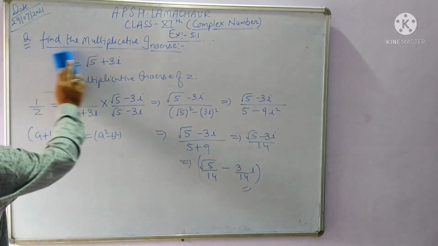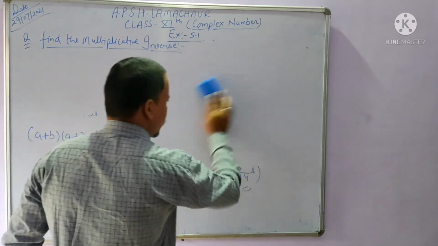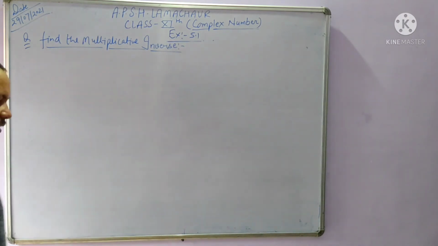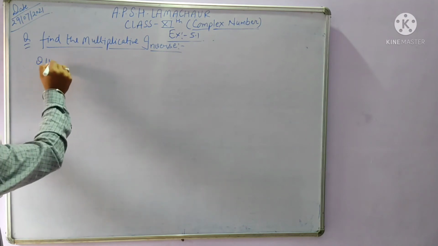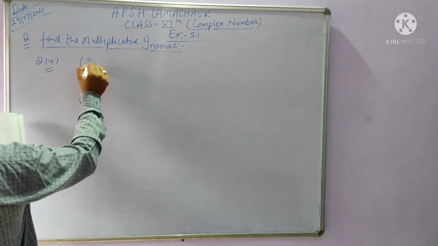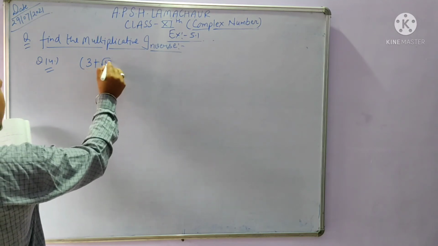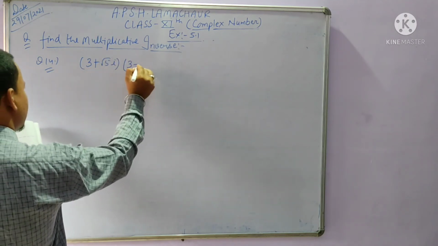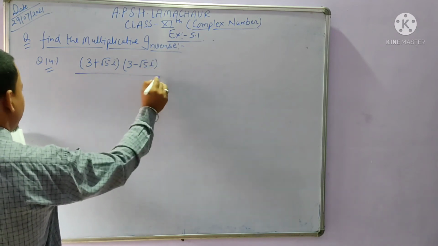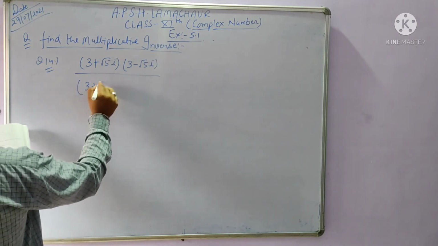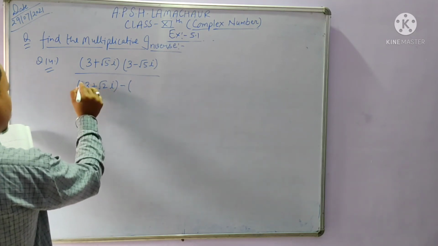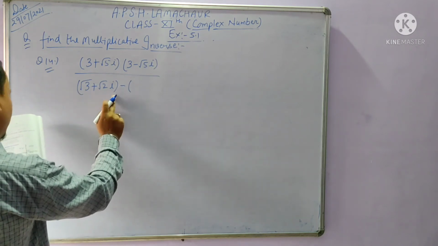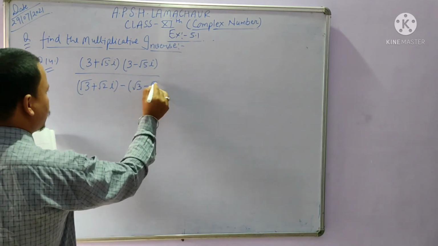Now see, the third part you will do on your own. Now I am doing the last question of this exercise. The question is: express the following expression in the form of a plus ib. The expression is (3 plus root 5 times iota)(3 minus root 5 times iota) divided by (root 3 plus root 2 times iota) minus (root 3 minus root 2 times iota).